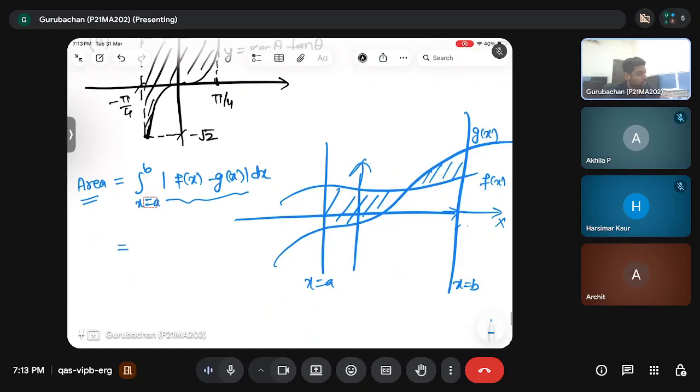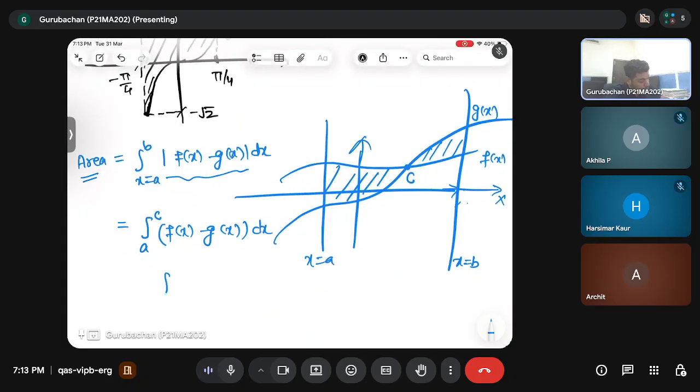But what is the benefit of taking mod here? Suppose this is some point C where they are intersecting. From A to C, which function is lying above? f(x). So this will be f(x) minus g(x) into dx. But when you approach C to B, which function is bigger? g(x).